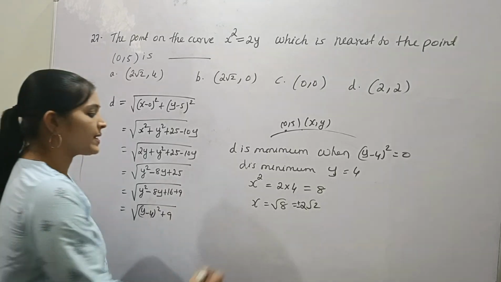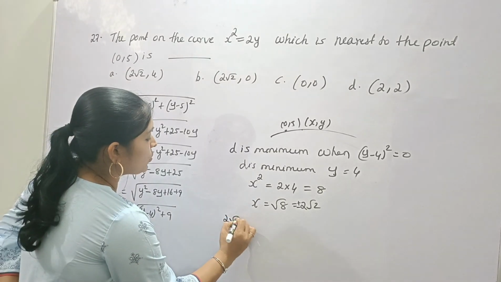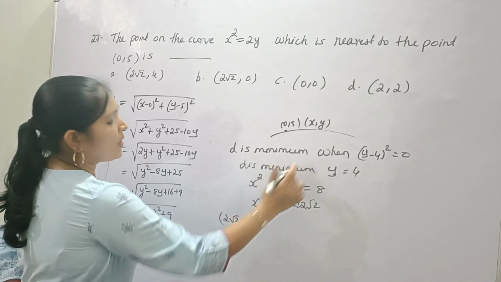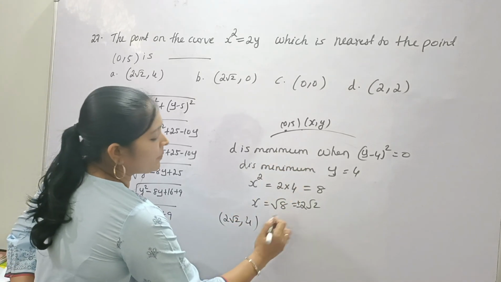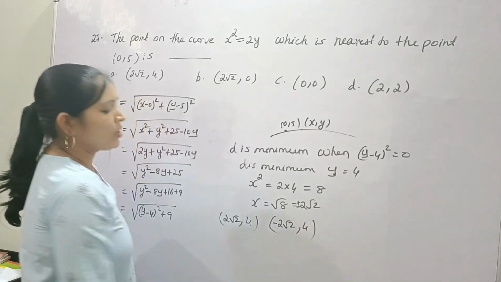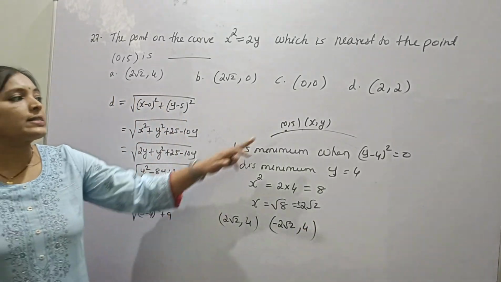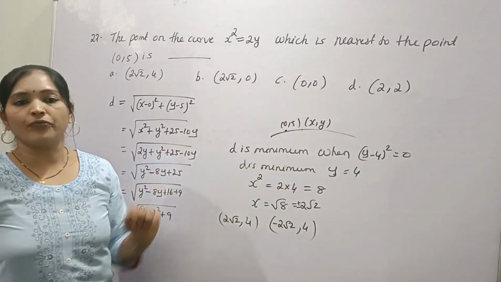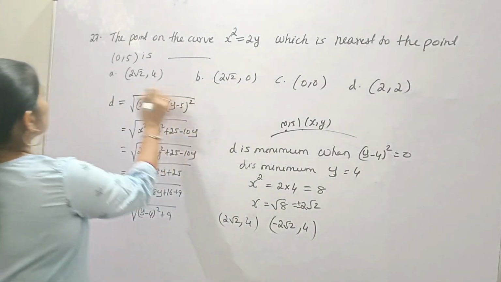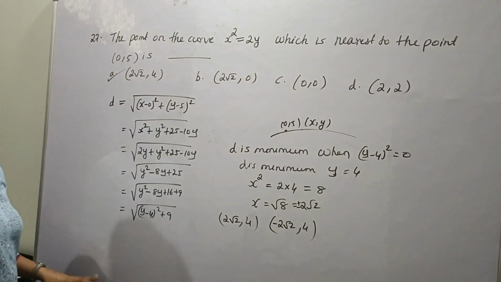So our point is x is 2 root 2 and y is 4, and then x is minus 2 root 2 and y is 4. So these are the nearest points to 0, 5. So here in the options, 2 root 2, 4 is the correct answer.